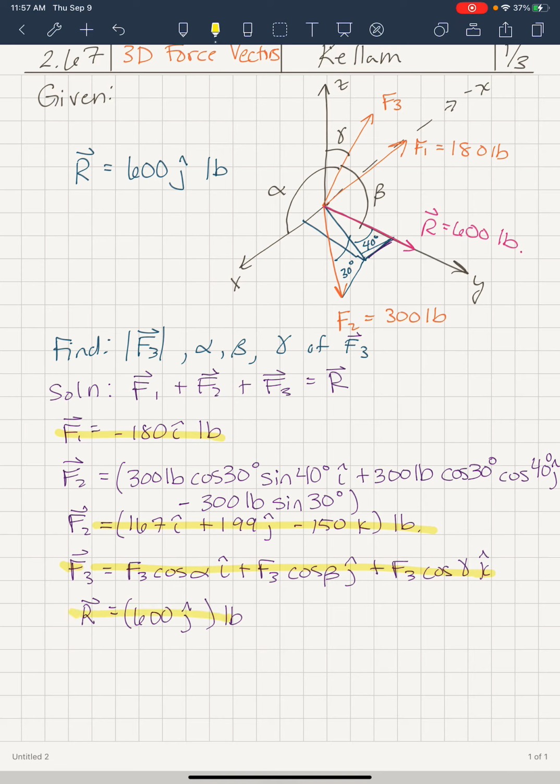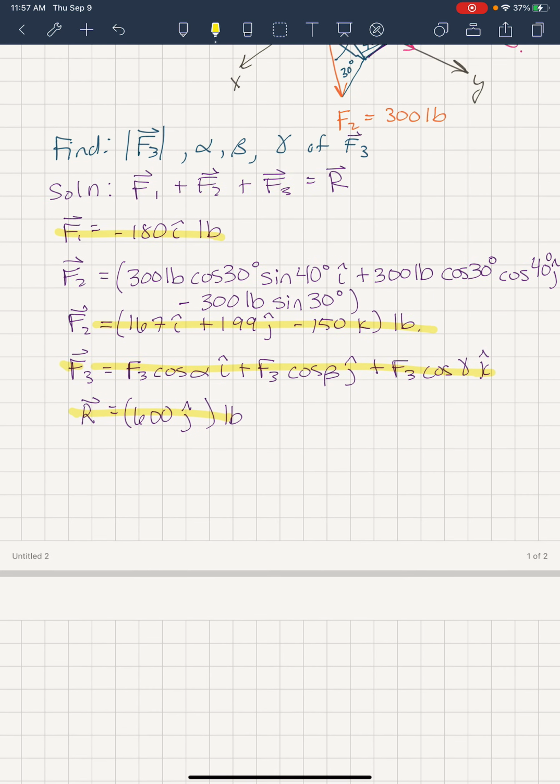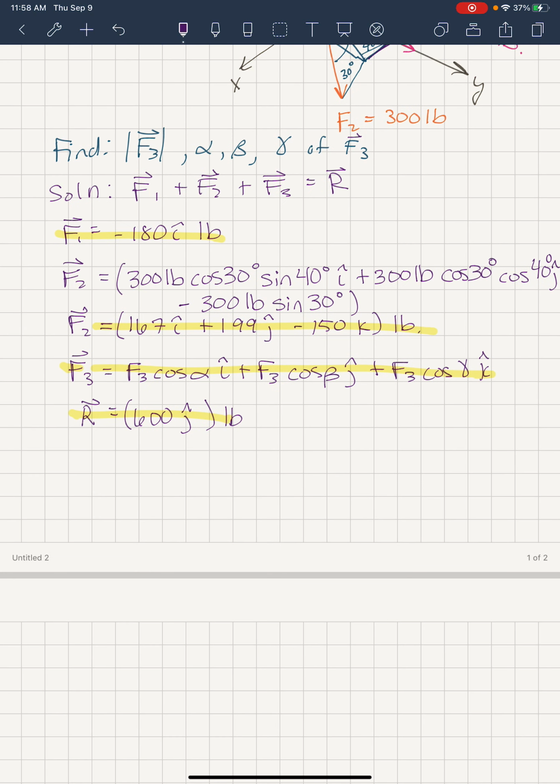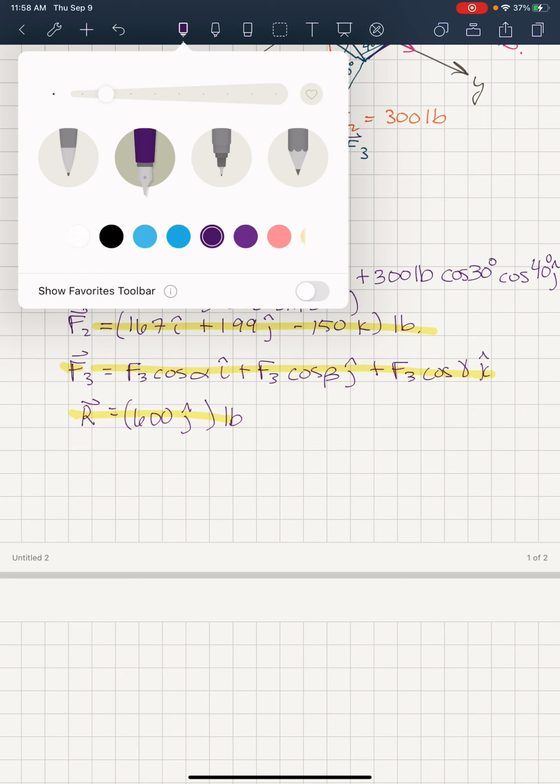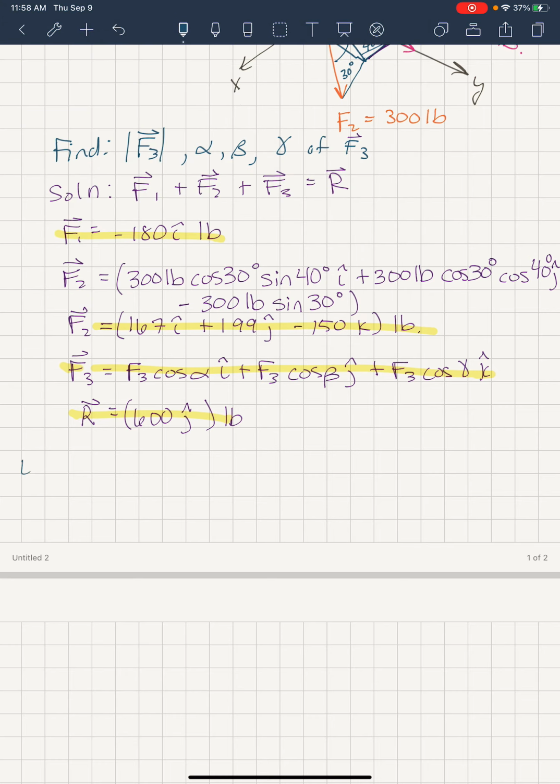And so what we can do now is pull out all the I, J, and K components to solve for each of these. So we'll start with the I. I'm going to pick a different color. If we pull out the I components, we're pulling them from that formula up here, F1 plus F2 plus F3 equals R. So F1 is negative 180 in the I direction. F2 is plus 167.